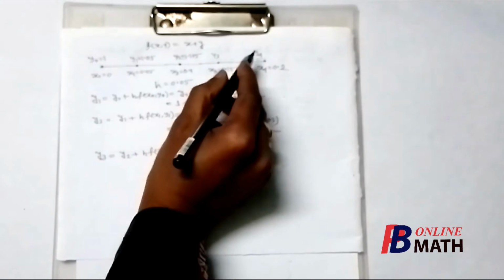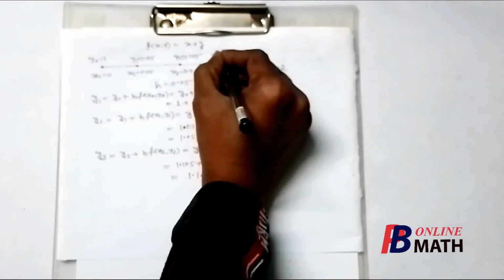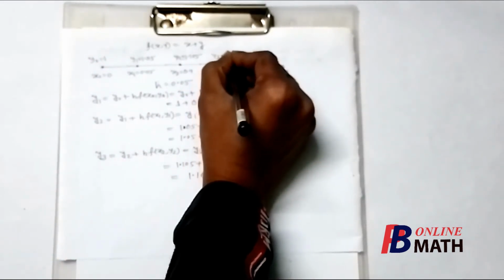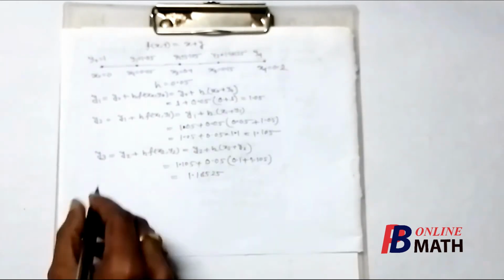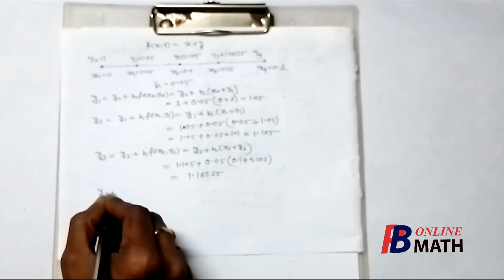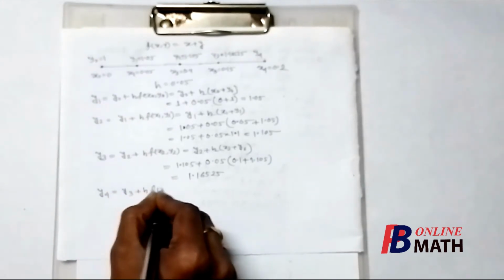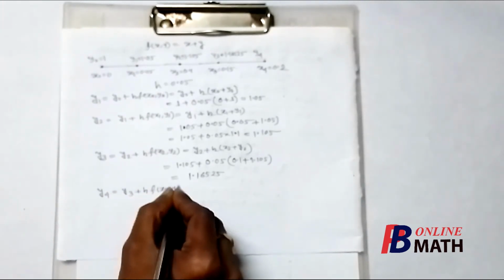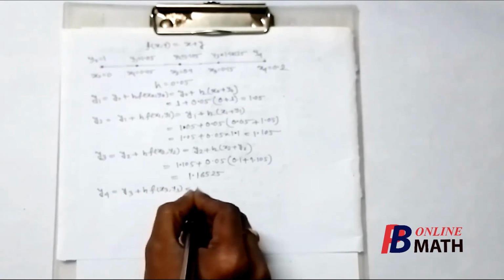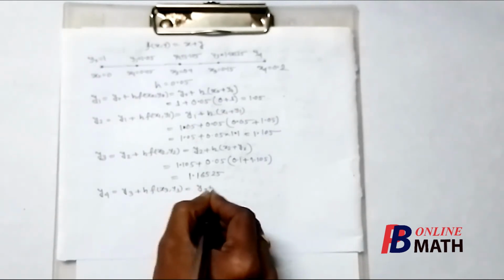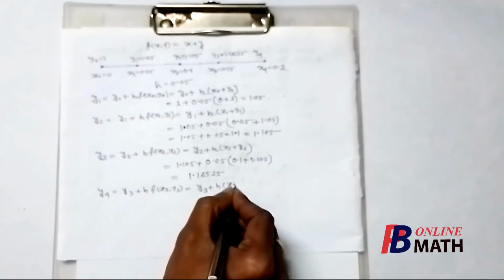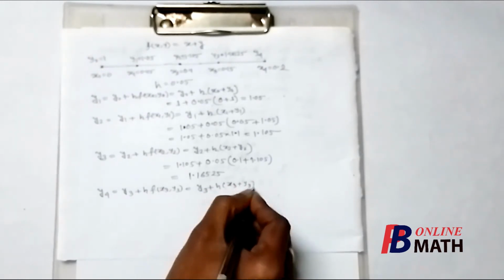Now finally y4. So we write y3 equal to 1.16525. Now if we want to calculate y4, then the formula is y3 plus h into f(x3, y3). So this is equal to y3 plus h into (x3 plus y3).